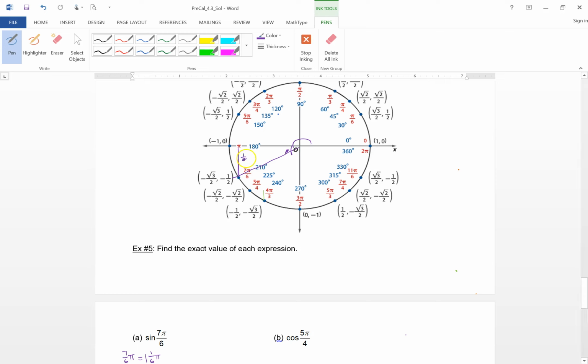Since it faces the short one, it's 1 over 2. The vertical is 1 over 2. We're looking for sine, right? Which is the vertical one, so it's 1 over 2. Now, as far as positive or negative, in the third quadrant, tangent is positive, sine is negative, so I put a negative in front.